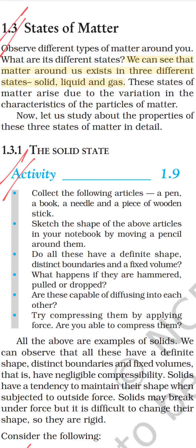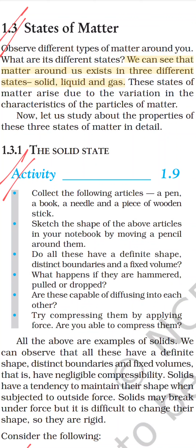States of matter. Observe different types of matter around you. What are its different states? We can see that matter around us exists in three different states: solid, liquid and gas.